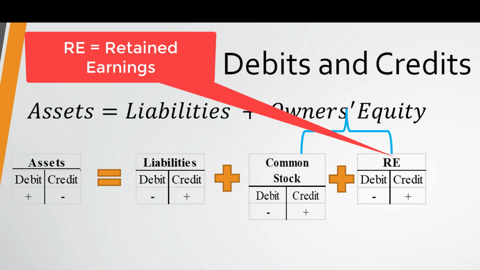When you talk about corporations, which is much more common when we think about accounting, we usually think assets equal liabilities plus equity. And under equity, we have common stock and retained earnings, or RE.